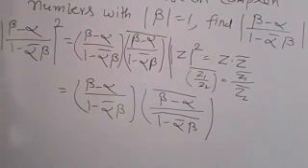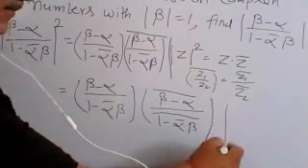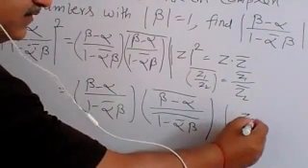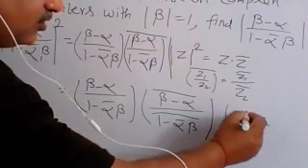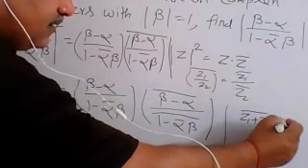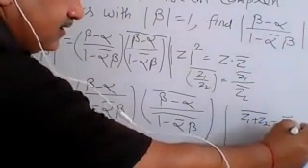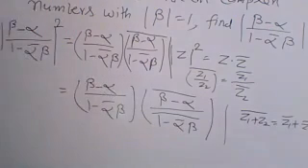And also you know the property: conjugate of z1 plus z2 is equal to conjugate of z1 plus conjugate of z2.